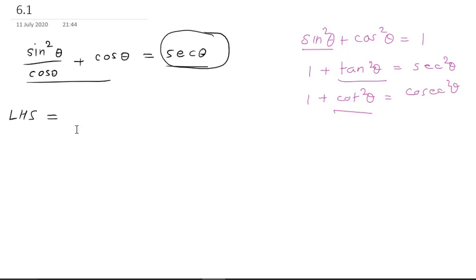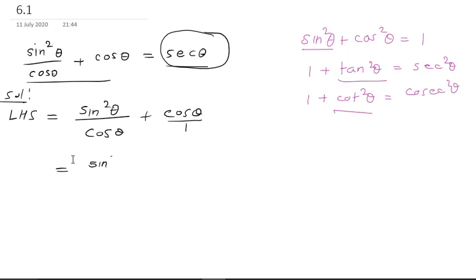This is our solution. So left hand side is sin square theta upon cos theta plus cos theta. Now cos theta means it is cos theta upon 1. So I will cross multiply. So I get sin square theta plus this cos theta multiplying, and it will be cos square theta.